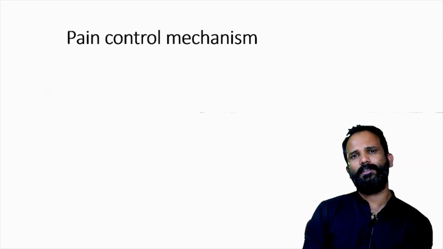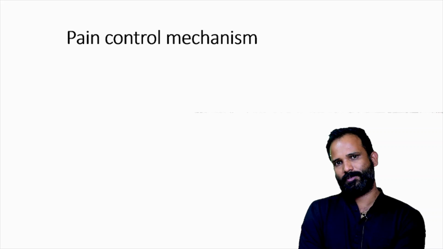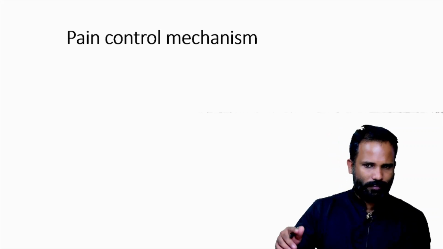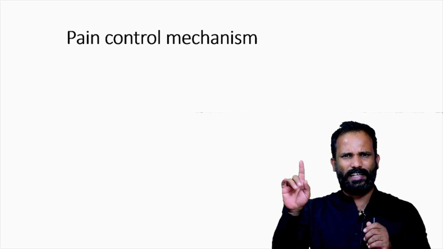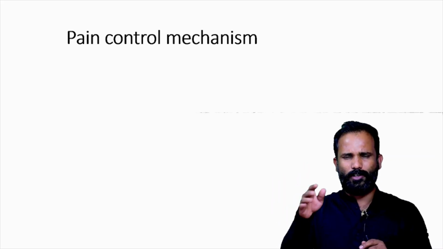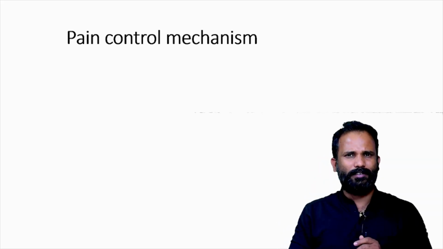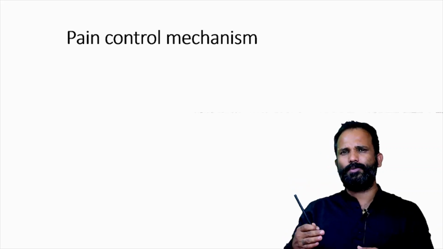Coming to the pain control mechanisms. Even though there was an injury, the pain is perceived. So the pain is like a warning sign that you had an injury, be cautious. Once it is perceived, our body tries to reduce the pain.